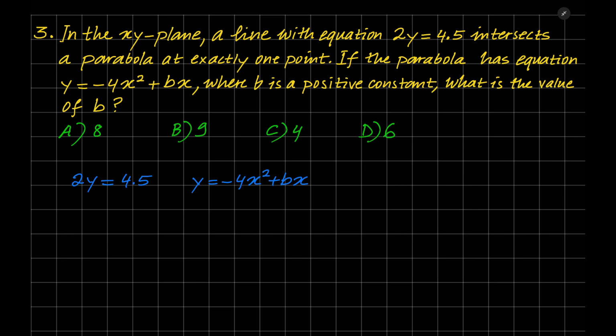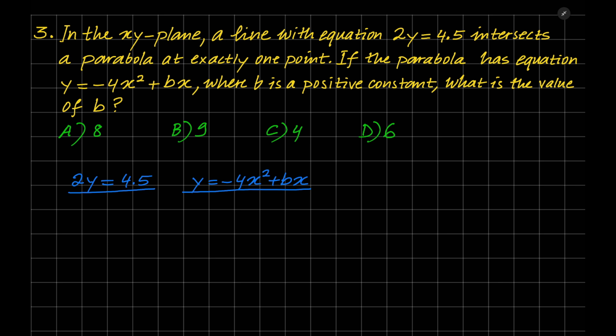It follows that the system of equations consisting of 2y equal to 4.5 and y equal to minus 4x squared plus bx has exactly one solution.